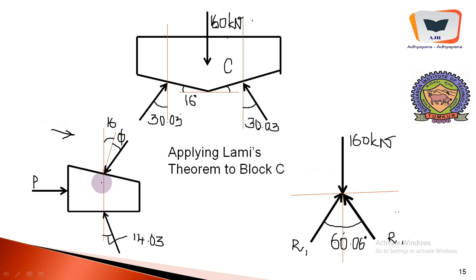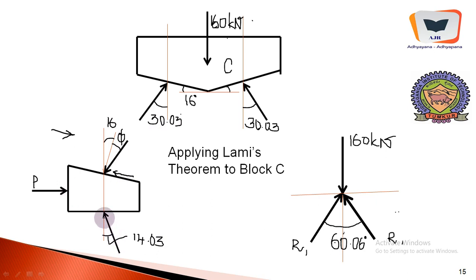Therefore there is a frictional force coming like this on this particular surface, and there is a normal reaction going over here. Therefore the resultant makes an inclination like this. This is the angle phi, which happens to be 14.03. So this becomes 16 plus 14.03, 30.03, and P is there.